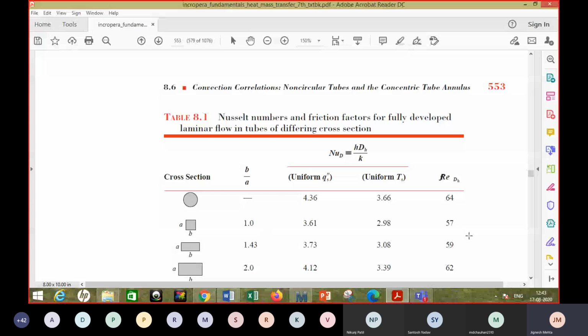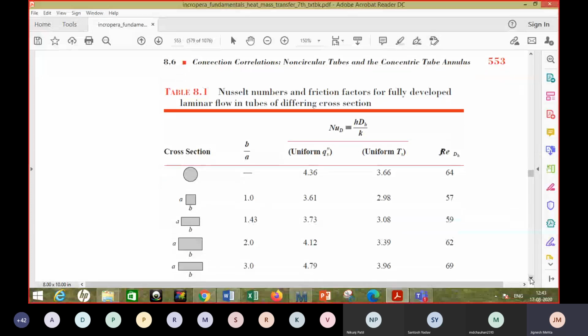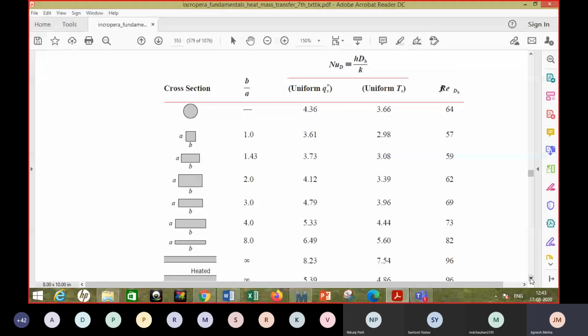But in case of laminar flow, for other types of geometry, the values of Nusselt number are given in this table. So for those geometries, these are the Nusselt numbers that you will use even after calculating the hydraulic diameter. You don't use 4.36 and 3.66, but depending upon the width to height ratio, you pick up the right value of Nusselt number. Okay.